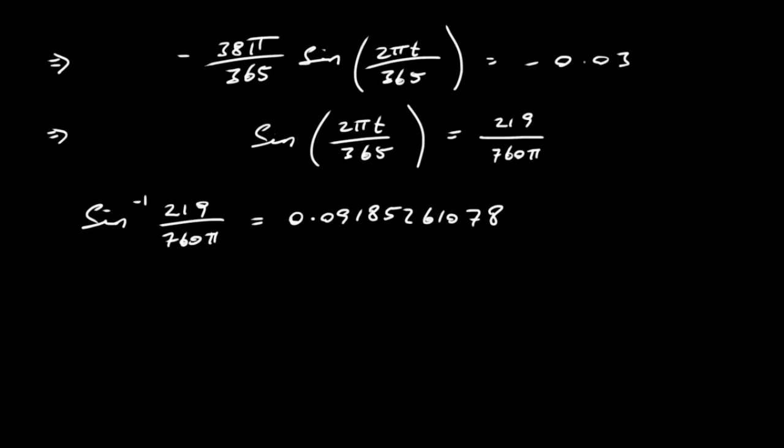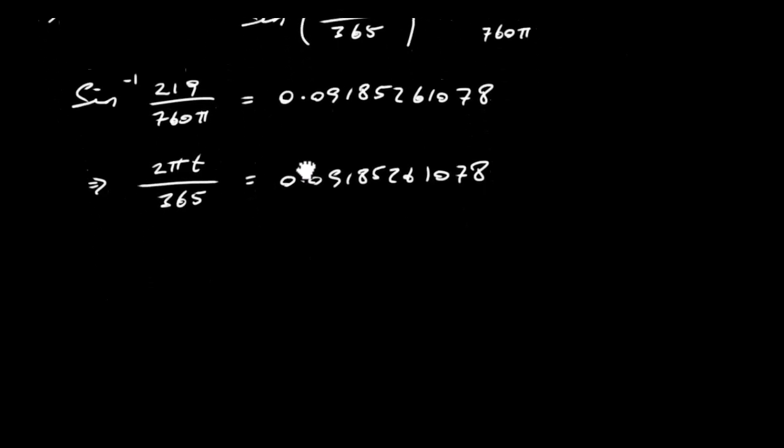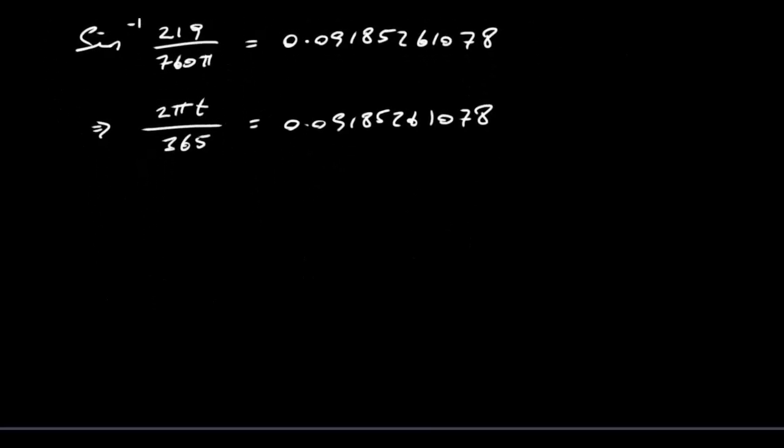And what that means really is that 2 pi t over 365 is equal to 0.09185261078. So we've just got to solve for t now. So what I'm going to do is multiply this by 365 and divide by 2 pi.